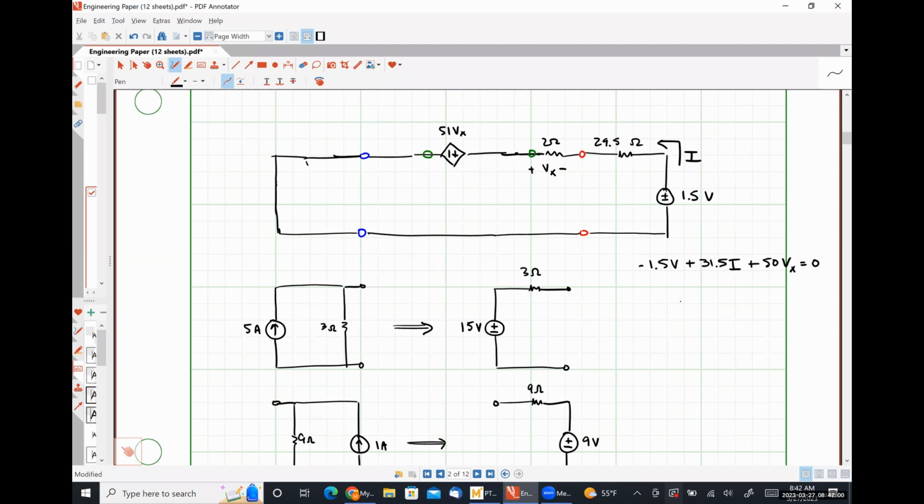Well, Vx is simply negative 2I, or we could say that I is equal to Vx over negative 2. Substituting that in up here, we have 31.5 times negative Vx over 2 plus 50 Vx is equal to 1.5 volts.